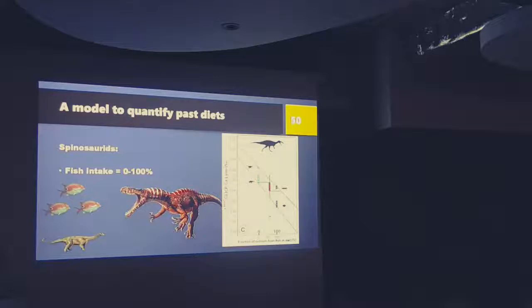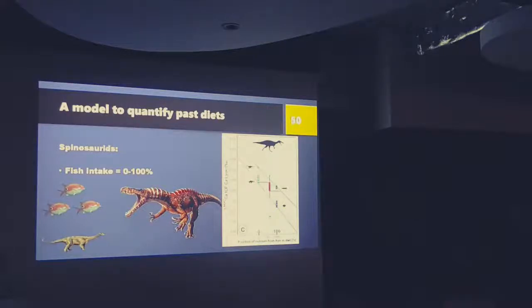So at this point, that means that a majority of the spinosaurids that we studied were at least partially piscivorous or even completely. This is due to the data that we collected on sources.